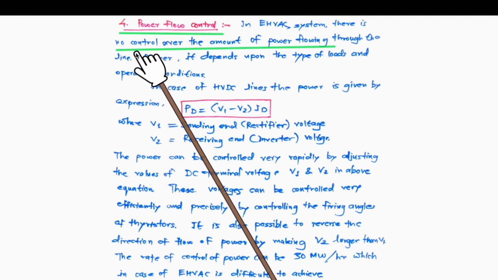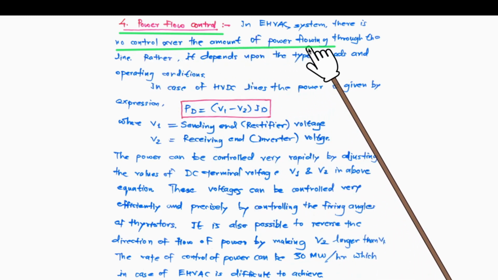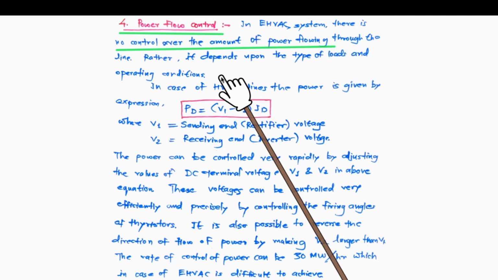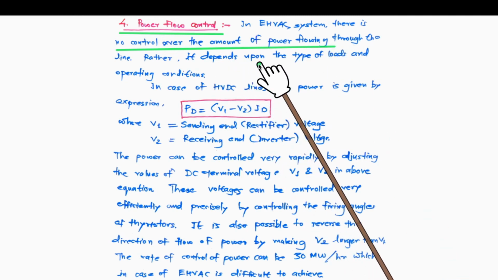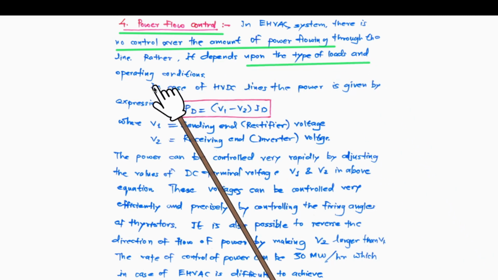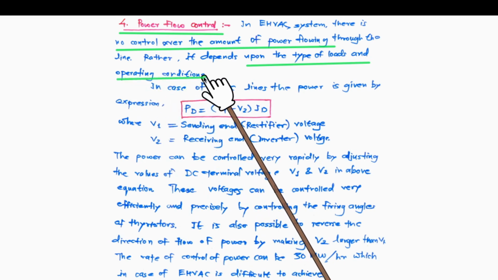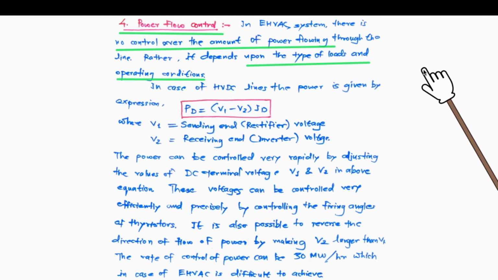So there is no control over the amount of power flowing. It is completely dependent upon the type of load, right? And similarly, it is dependent upon the operating conditions.